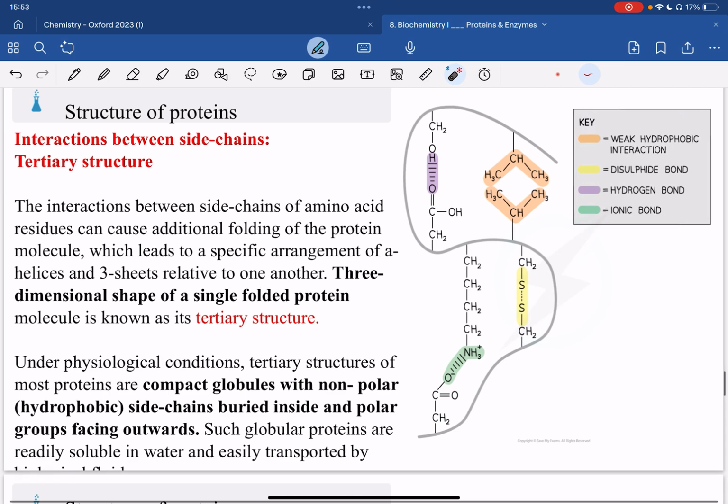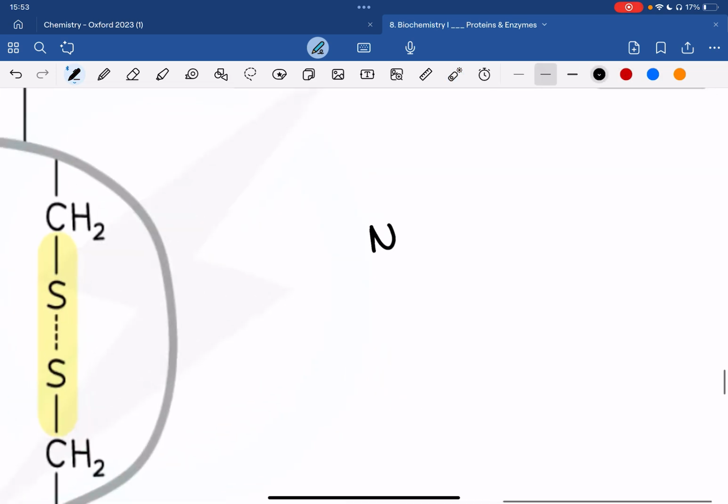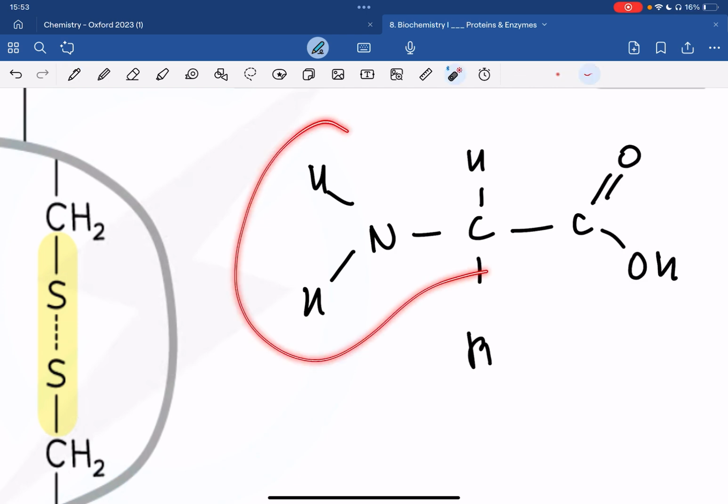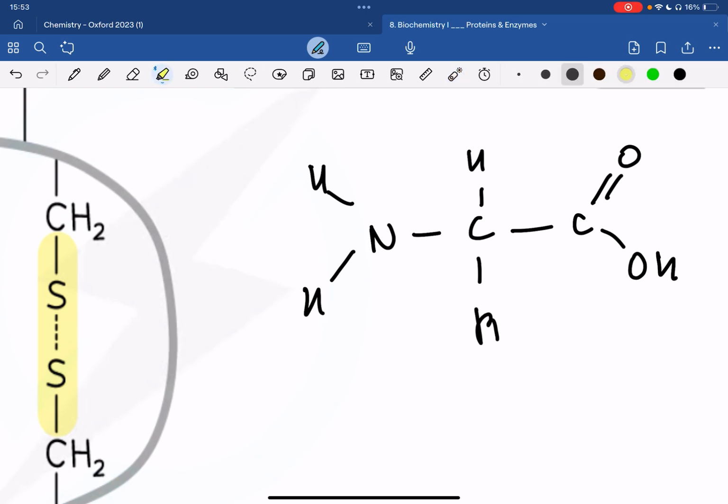Tertiary structure. Once we have created a secondary structure, we have more bonding, called tertiary structure. Let me draw the backbone of amino acids. This is the backbone of all amino acids, and we also have a side chain.